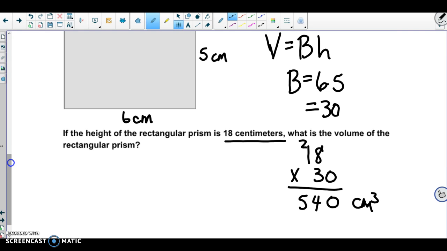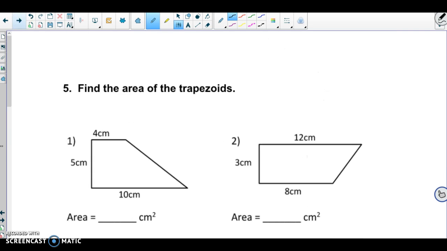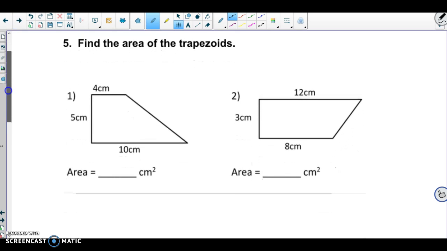All right, so the next page. Find the area of the trapezoids. Okay, so we've got a couple of different options. So depending on what you like, remember, the formula for the area of a trapezoid ends up being 1/2, and we have base 1 plus base 2, and then times the height. Well, the bases are those two parallel lines.